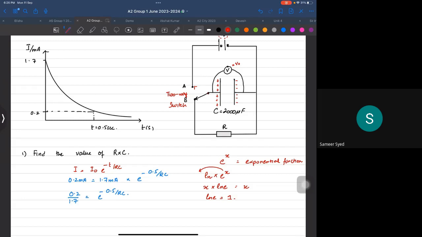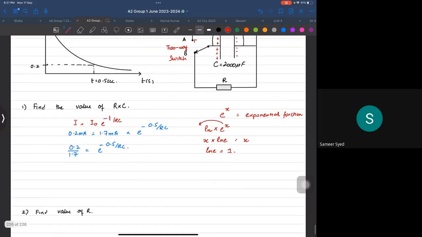Now, to get rid of this e, we're going to take ln on both sides. And when we do that, the power of e is going to come out. So ln of this is negative 2.14, and the rest of it will be 0.5 divided by RC multiplied by ln e.